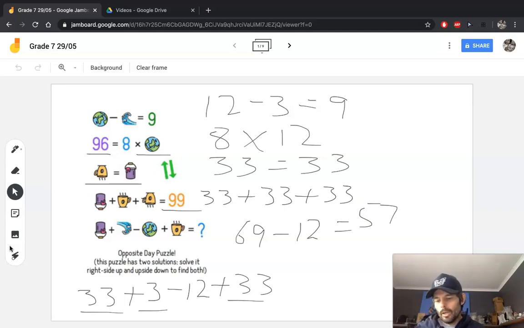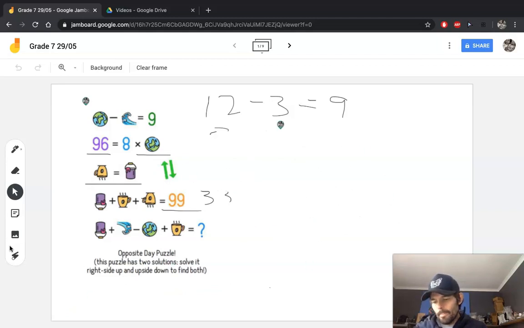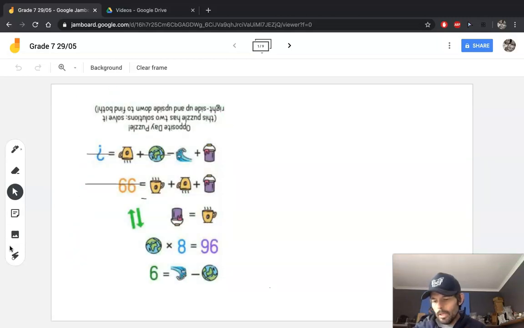Okay, let's have a look at what happens when we turn it upside down. And if you just give me a second, I will do that. Right, there it should come up onto your screen shortly. Okay, so there it is turned upside down.